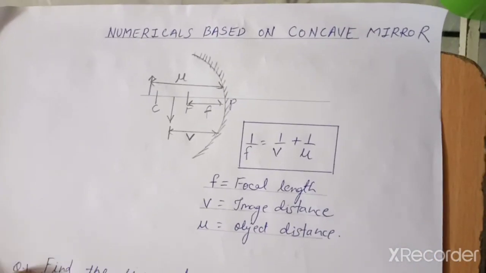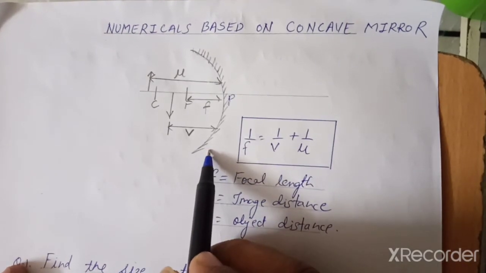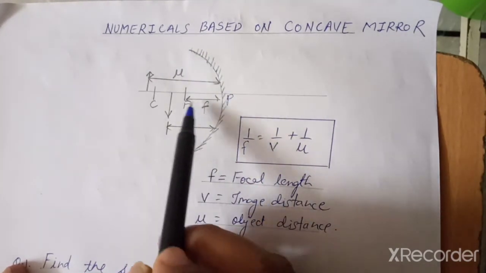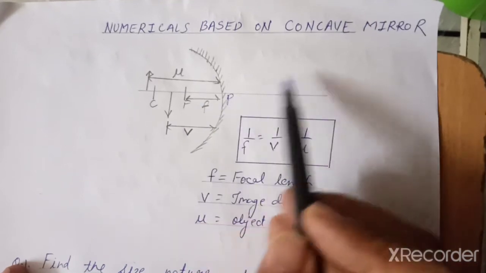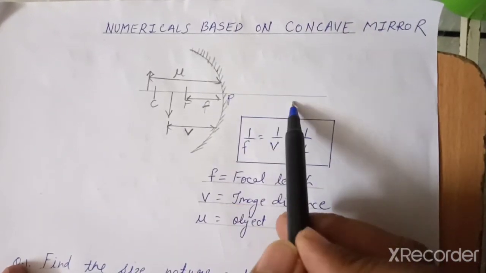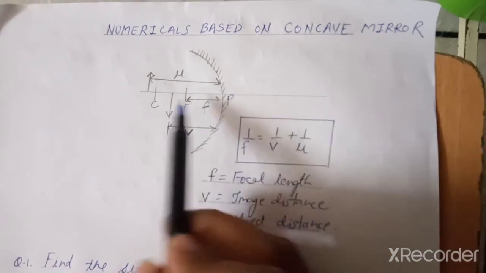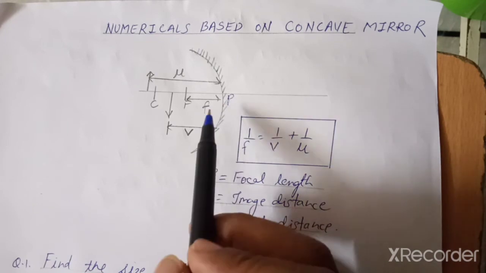The main important thing in this is the sign convention. If the sign convention is clear, you can easily solve the numerical. In the case of the concave mirror, if the object is between f and p, the image forms virtual and erect. Leaving that case, in all the other cases u, v and f will be considered negative.